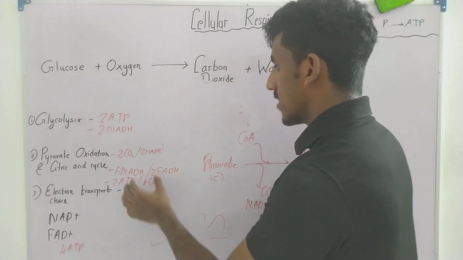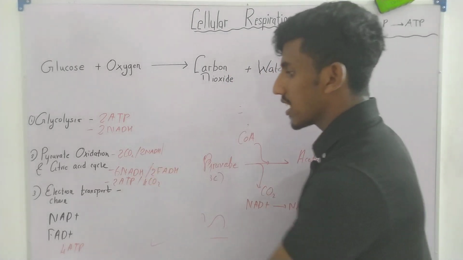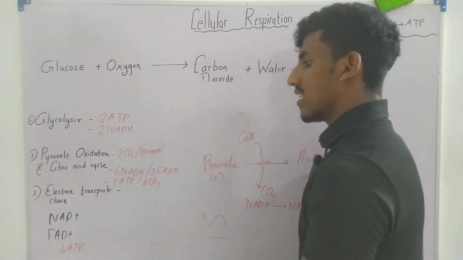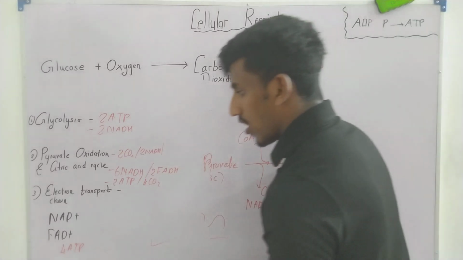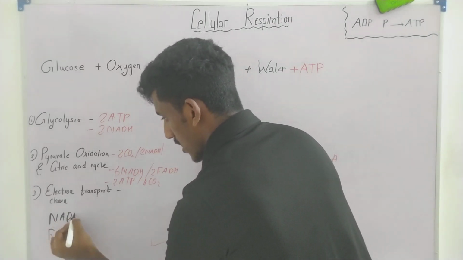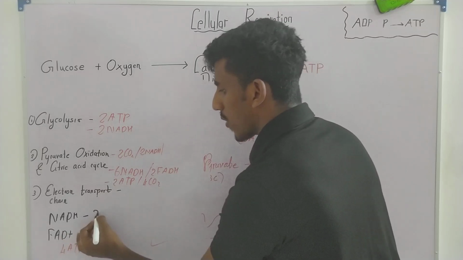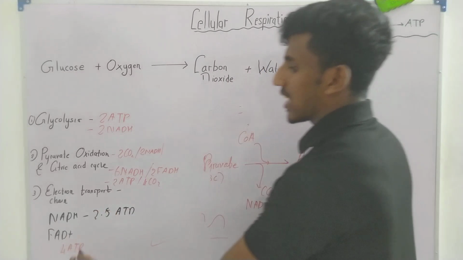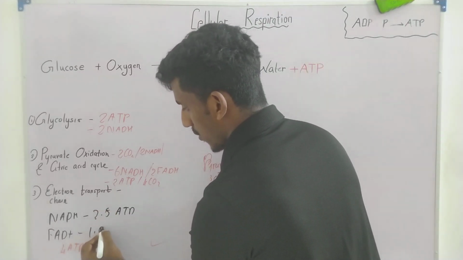As you can remember, they have very high energy electrons. They will give out these electrons, and these electrons can be used to produce ATP. On average, a single NADH can produce around 2.5 ATP, and a single FADH can produce around 1.5 ATP.